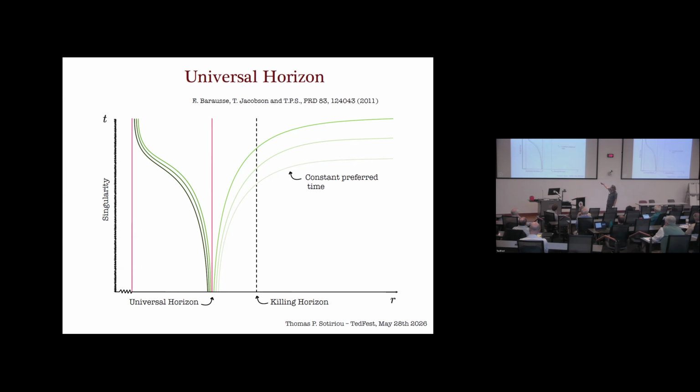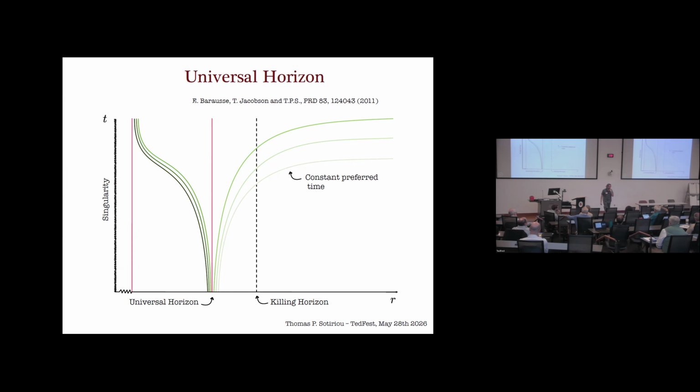If I'm sitting out here, it's nice because there are darker green surfaces that span the whole exterior, so I can send information to the whole exterior. But if I were to try to emit something here, I need to move to the darker green surface, I need to move further in. So that red surface acts as a horizon, a boundary for me to be able to send information, even if I'm doing it with infinite speed, because time needs to run forward in the preferred foliation, and all of the time forward is inside the boundary.